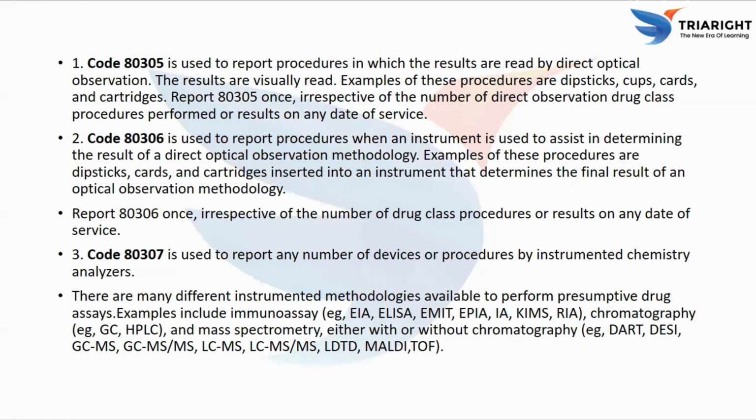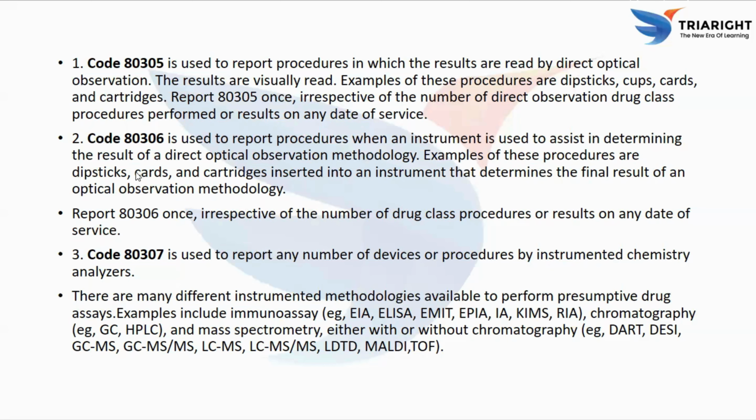So you have to think of it like a pregnancy test strip. So you look for lines with your eyes. So report 80305 only once per date of service. Do not bill per drug tested. So even if 10 drugs are screened, you still assign the code 80305 once.